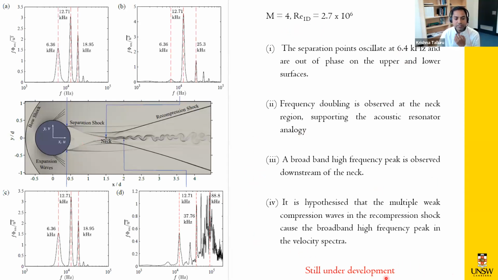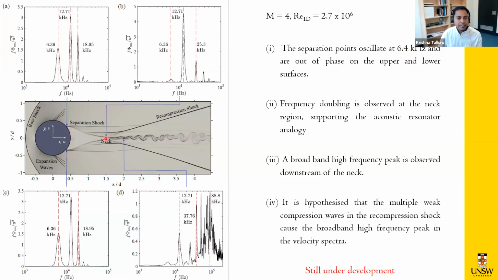I would say this is still under development, but so far what we found is that for Mach 4 and a free stream Reynolds number of 2.7 times 10 to the power 6, we observed that the separation points both oscillate around 6.4 kilohertz, and they are out of phase, just as we observe in an incompressible wake as well.